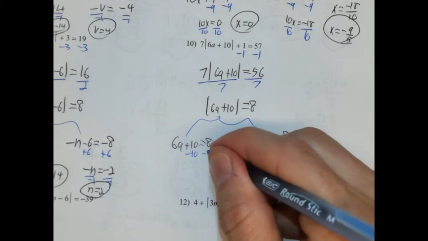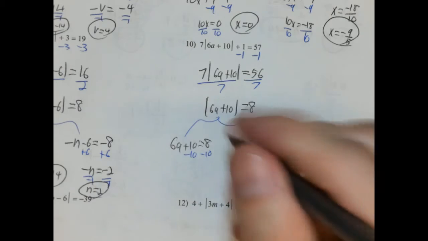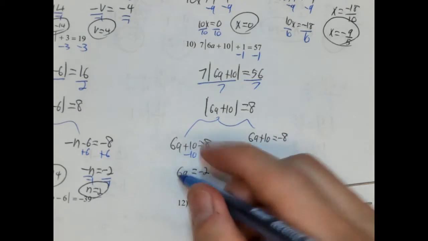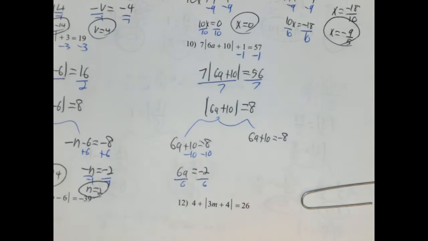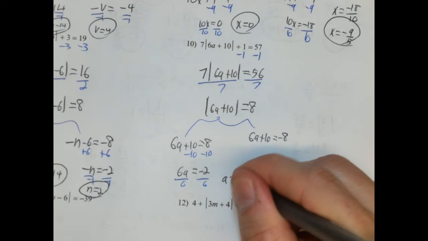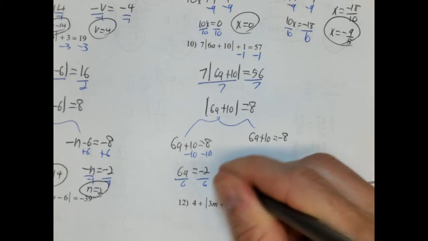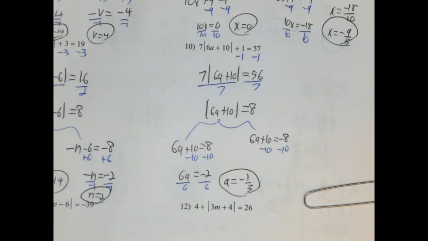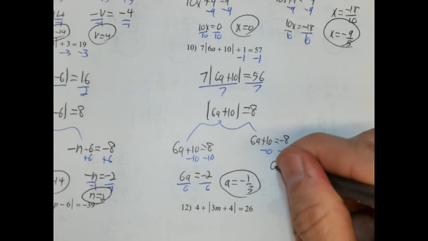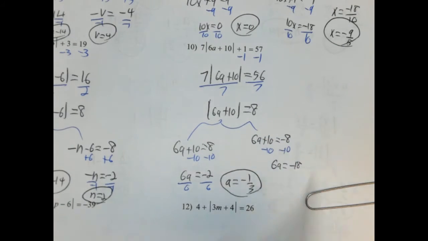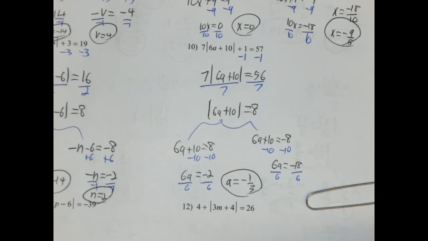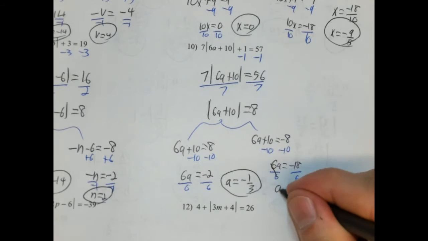Subtract 10 from both sides. 6a equals negative 2. Divide both sides by 6. A equals negative 1/3. Subtract 10 from both sides. 6a equals negative 18. Divide both sides by 6. A equals negative 3.